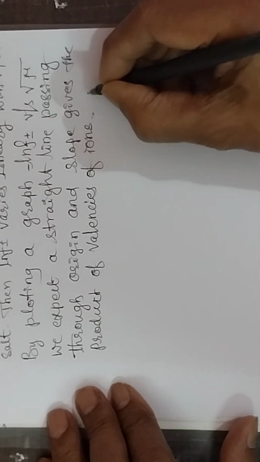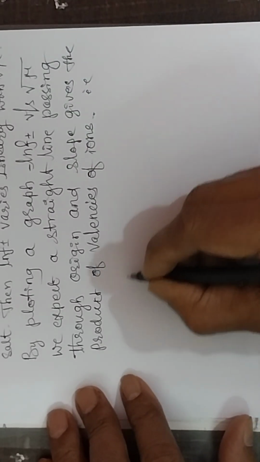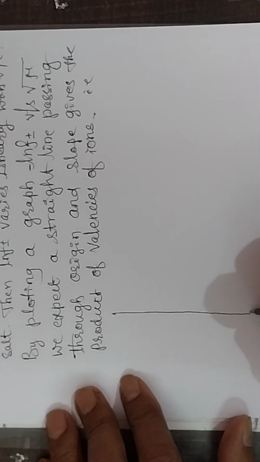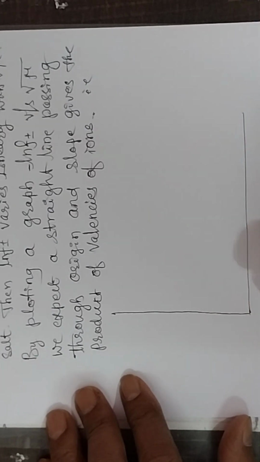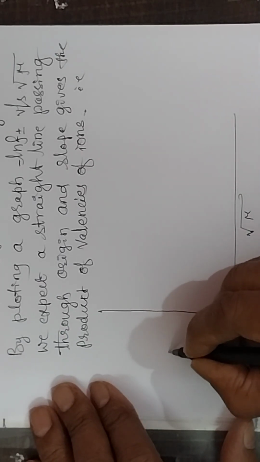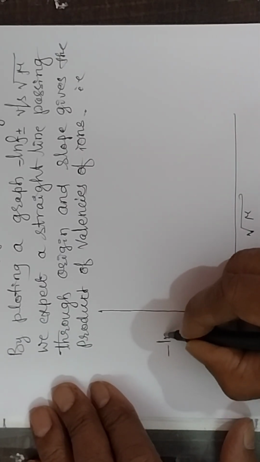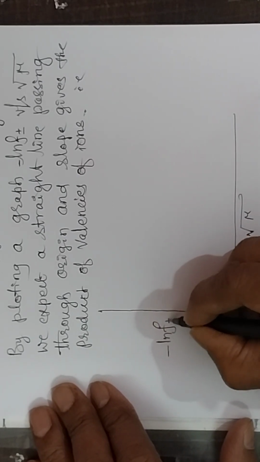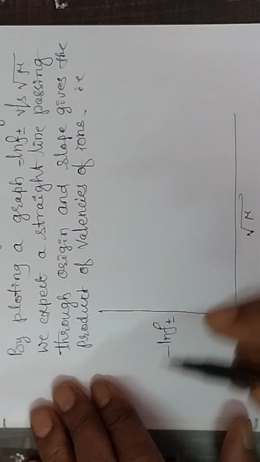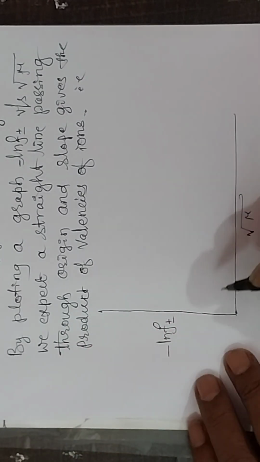That is, we can plot a graph of root mu, and here this is minus ln f plus or minus. Okay, we may take minus here or we may take minus here. One term is minus and another is plus.